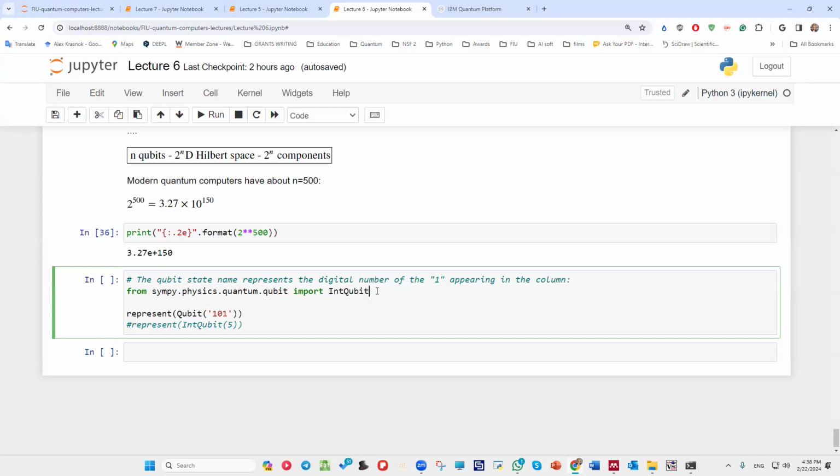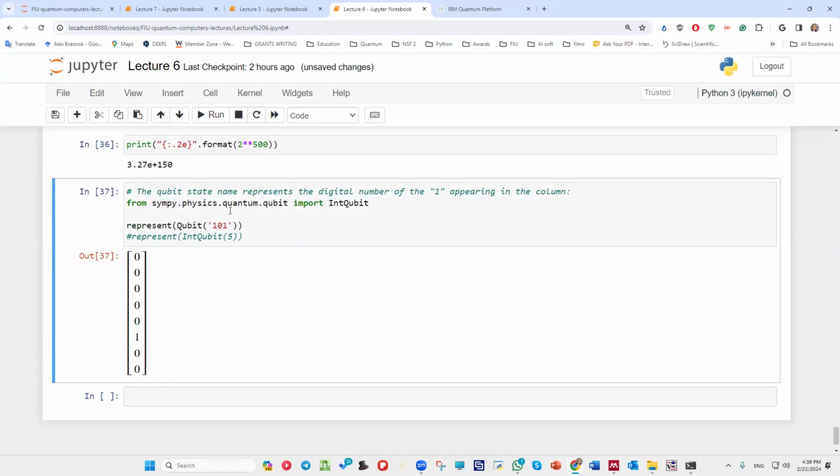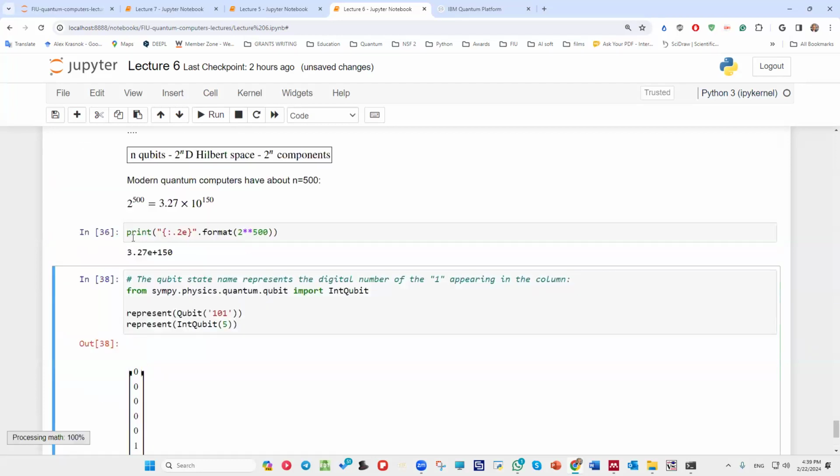And here I basically want to once again emphasize that having a qubit in this state 0, 1, 0, for example, is nothing but having a vector column of zeros with just a 1 at place 5.